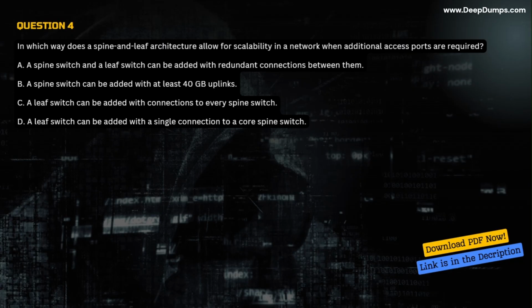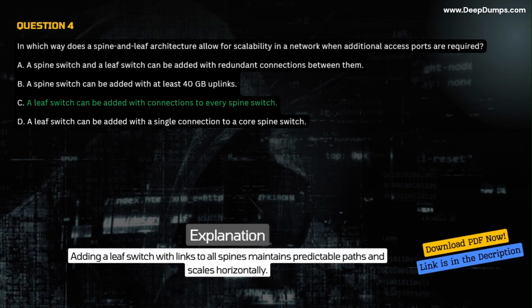D. A leaf switch can be added with a single connection to a core spine switch. Correct answer, C. A leaf switch can be added with connections to every spine switch. Explanation. Adding a leaf switch with links to all spines maintains predictable paths and scales horizontally.